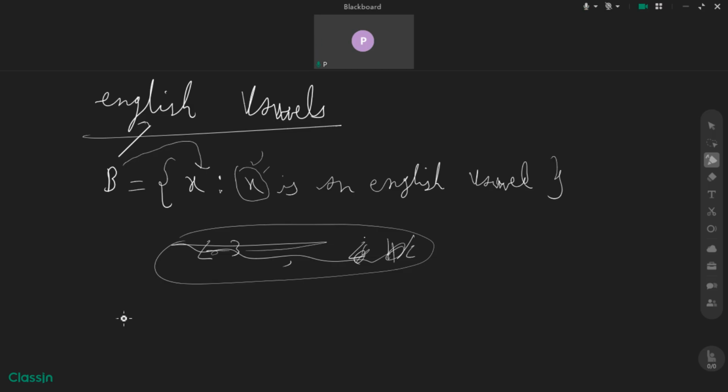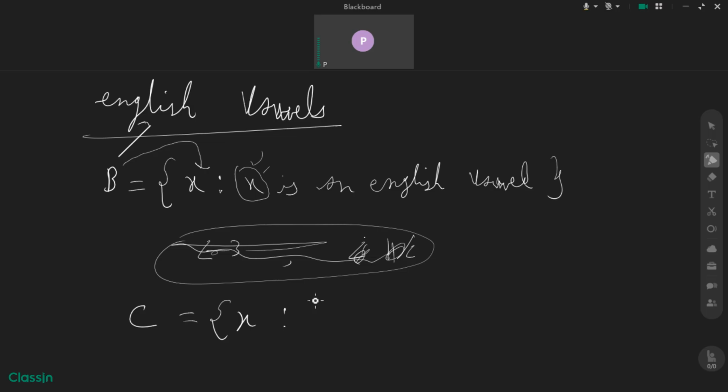Let us first take an English letter that will represent this set. Let us take capital C. So C is equal to the set of all x such that, and now I will write the property of x. We have to represent the natural numbers that are greater than 3 and less than 11.